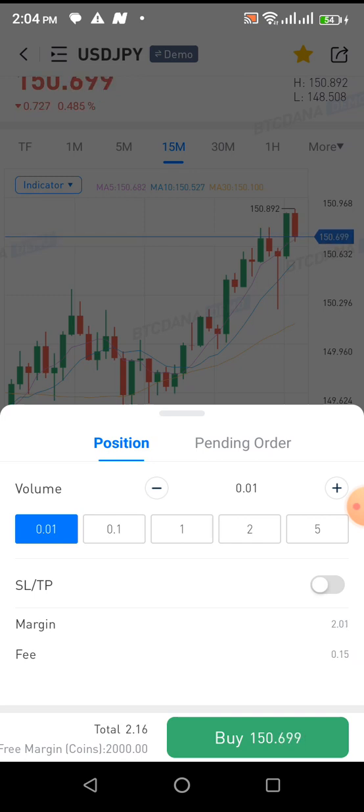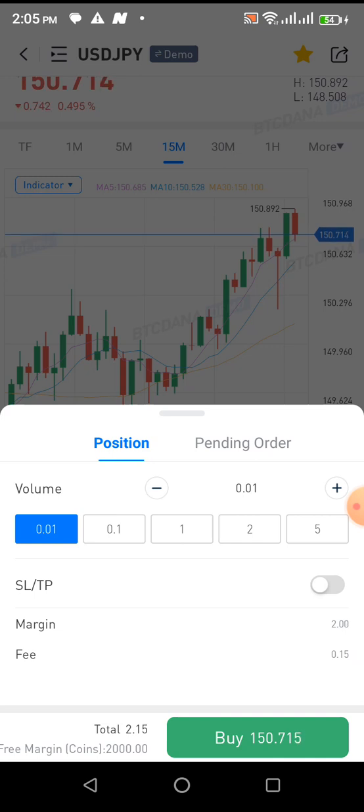But if you have enough money in your account and you are very sure that the price will get to your take profit, you can leave it. You might as well not set stop loss, and it will just go down, come up again, go down, come up again. So that is it.